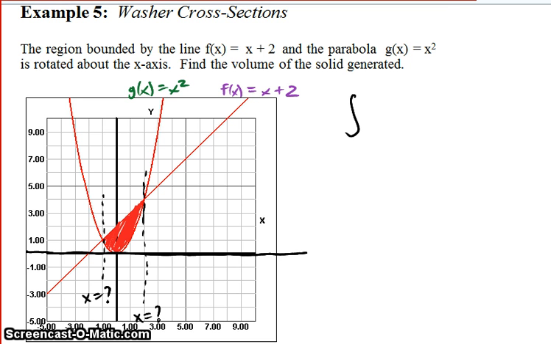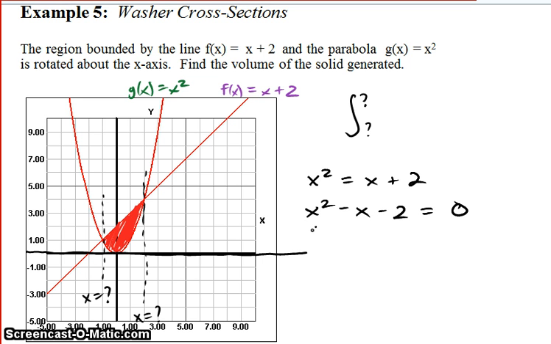And this is what makes a problem like this slightly more difficult than any of the other problems we've done yet, because we don't know right off the bat from what to what we will be integrating. So we need to find those points through algebra. The way we find intersection points of any graphs is we set the two formulas equal to one another and then use algebra to solve for x.